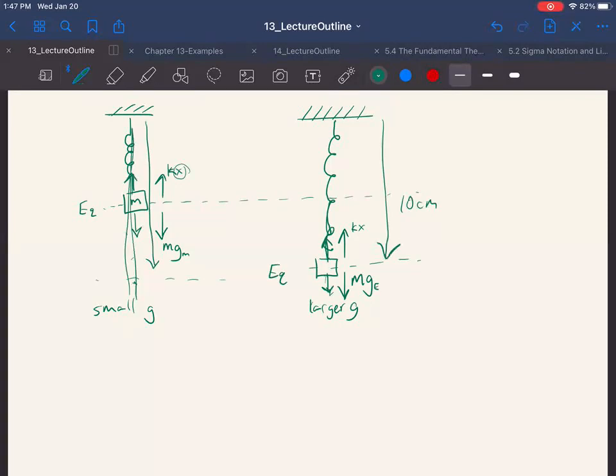Does that make sense? So g does change the equilibrium position, but it doesn't change what it does around that equilibrium position. So you can't say it has no effect. You can say it has no effect on what it does around the equilibrium position, but it does move the equilibrium position. But once you find that equilibrium position, you're good. It'll act the same, unlike the pendulum.